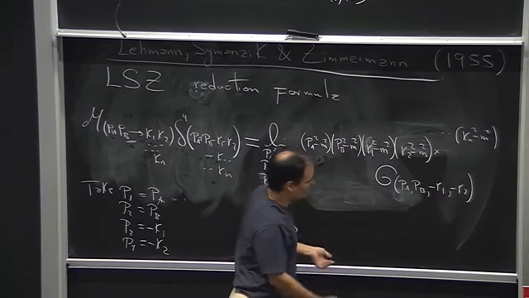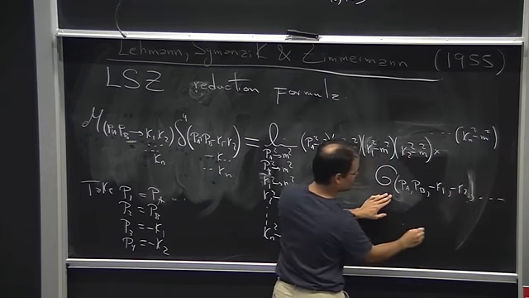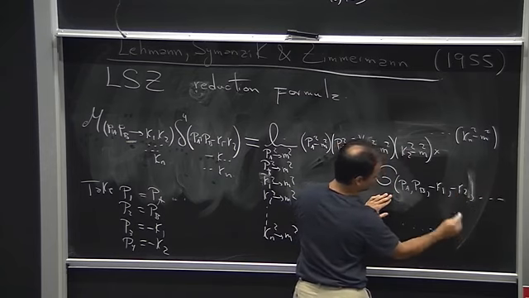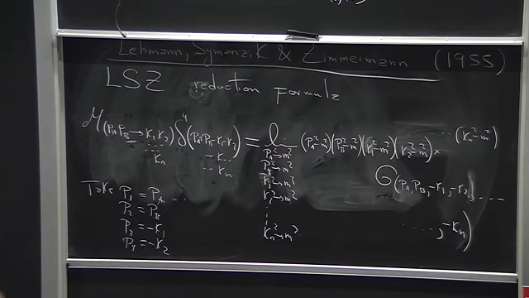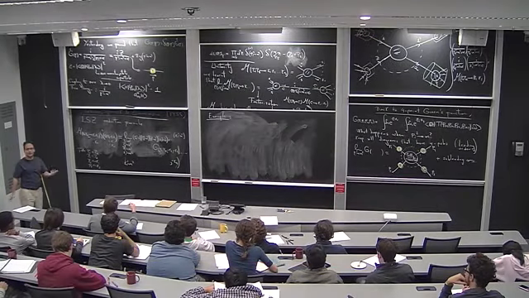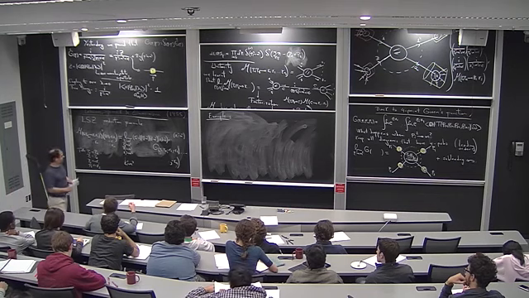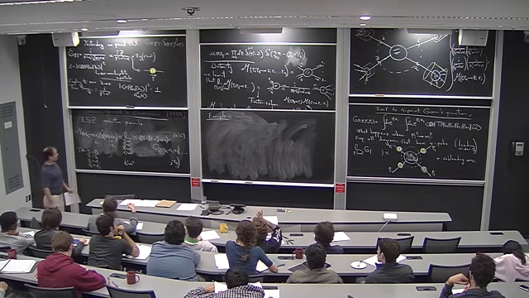And guess what? You have to sit down and compute a very complicated correlation function that has n plus 2 points. But in principle, there is nothing complicated. It's just long. It's not complicated, okay?